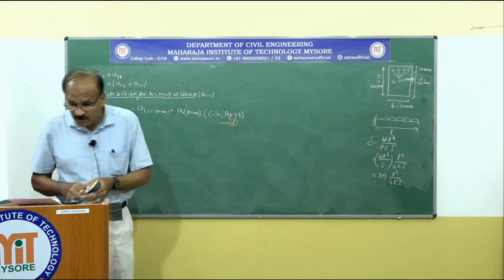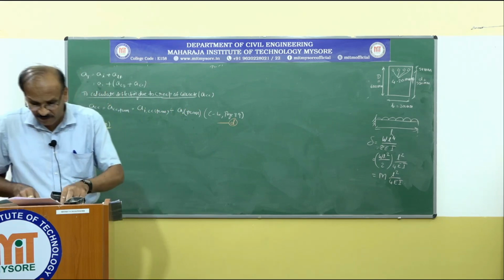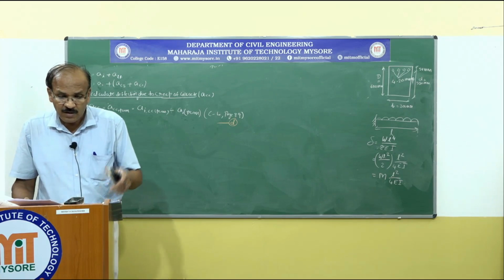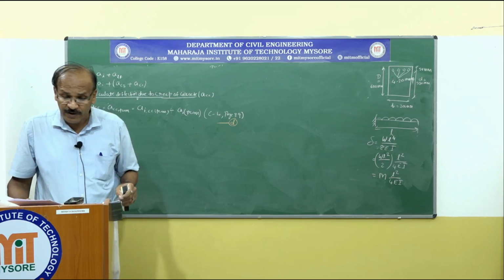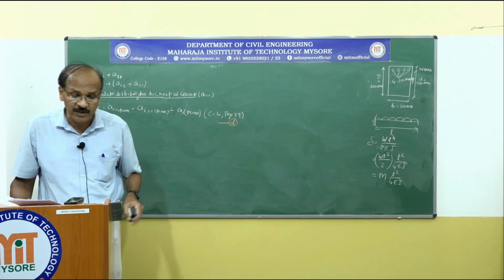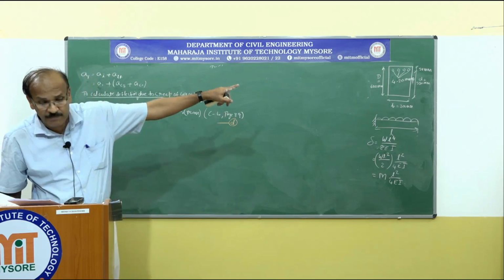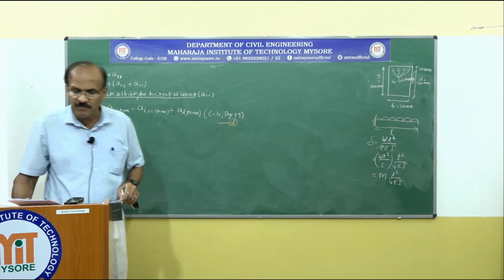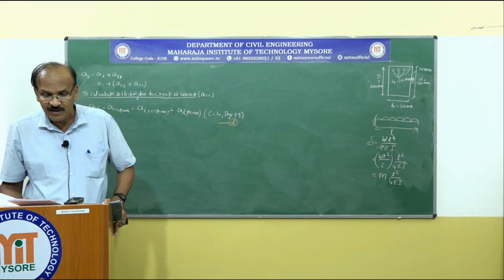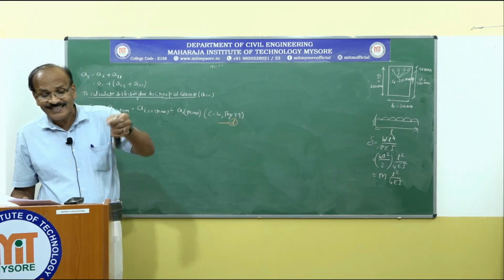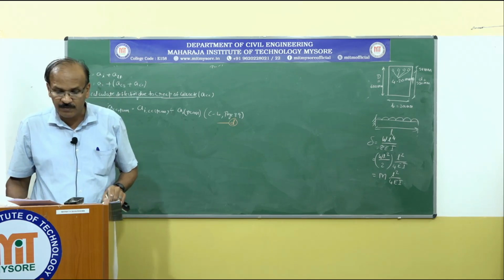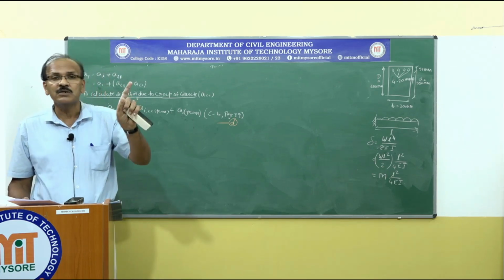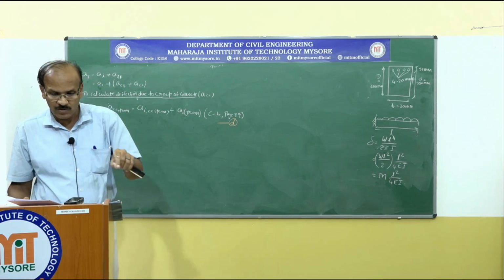Okay. So if I read out the problem which I wrote in the first class itself, the problem says a cantilever of 3.5 meter span is 300 millimeter wide and 600 millimeter deep, that is capital D. It is subjected to a maximum bending moment of 125 kilonewton meter due to uniformly distributed service loads. The problem says service loads. When we say loads, it includes both permanent load and live load.